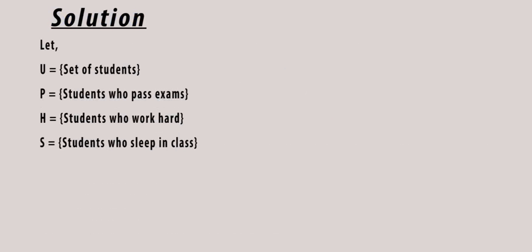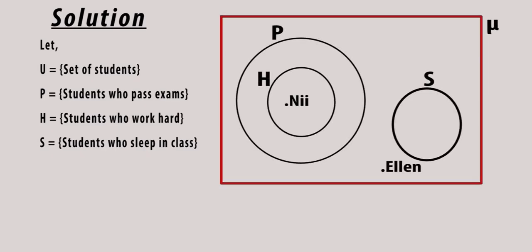Let's take the solution. Again, we will define our sets. Let U represent the set of students. P, the set of students who pass exams. H is equal to the set of students who work hard.